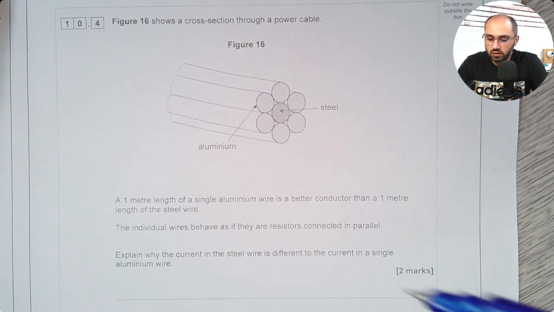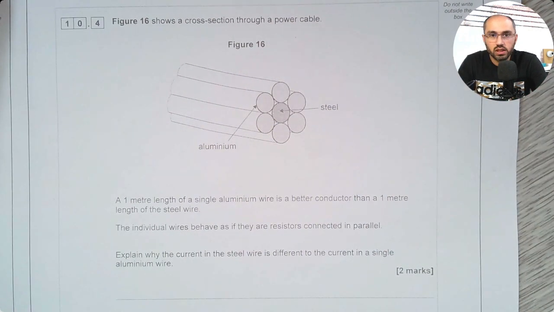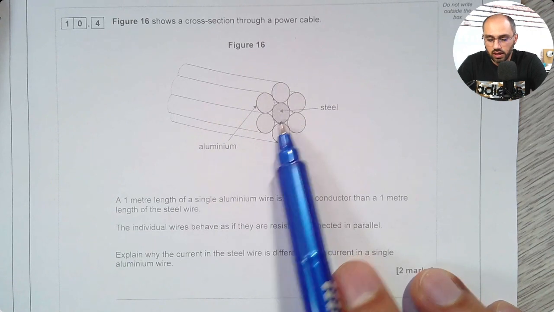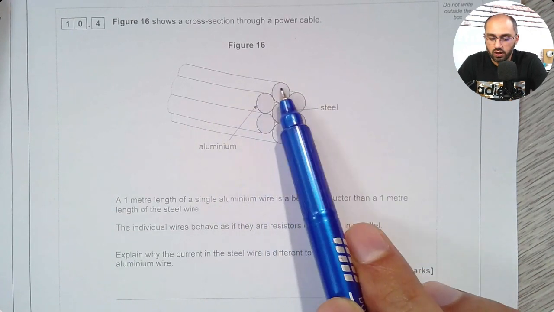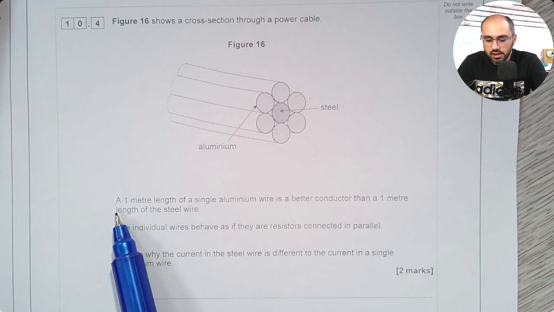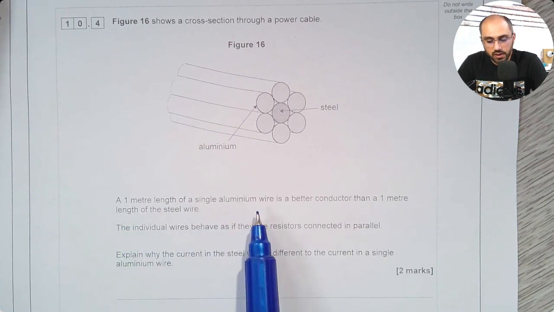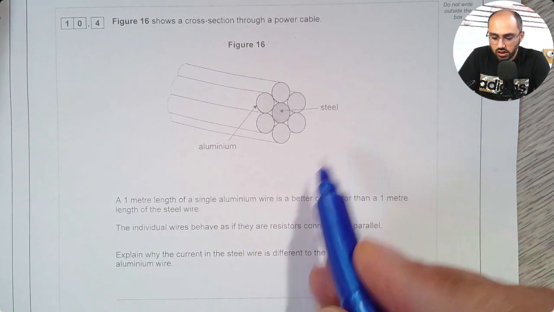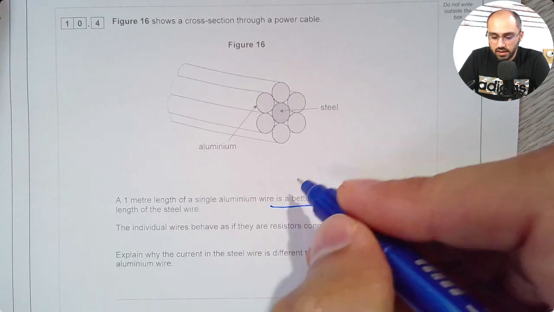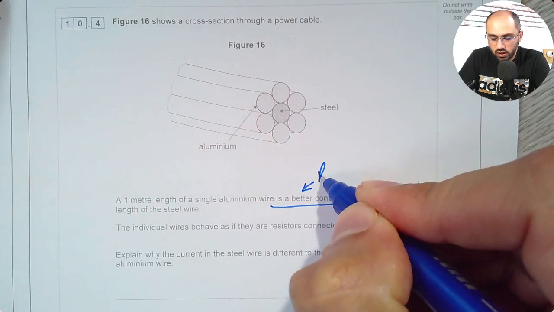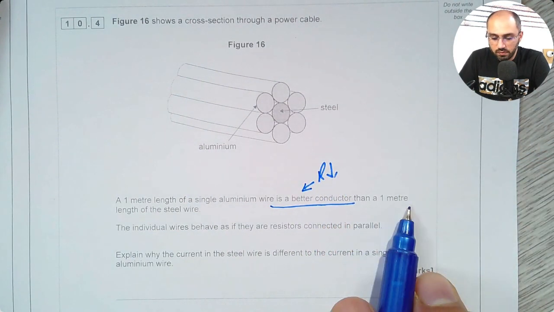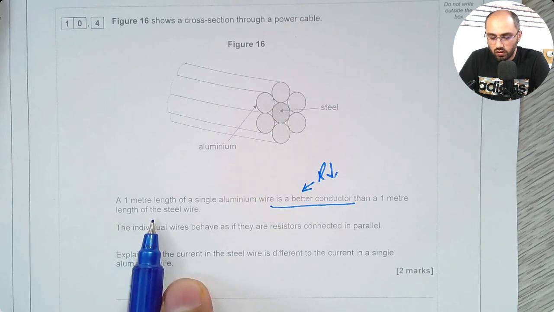Last part of question 10 says figure 16 shows a cross section through a power cable. So we've been given a cross section of a power cable, and we can see there are 2 types of cables used. There's a steel cable, and around this steel cable we've got aluminium cables. It says a 1 meter length of a single aluminium wire is a better conductor. Better conductor means it will have lower resistance than a 1 meter length of the steel wire.